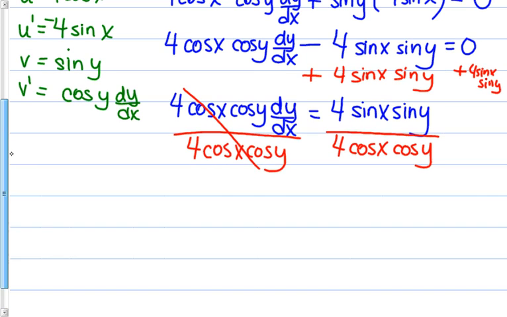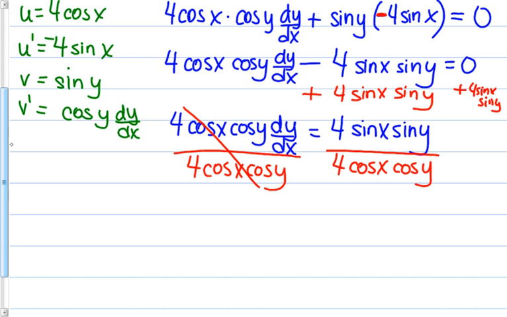All right. So now what I have is dy/dx, of course, because that's what my goal was, by itself, equals. Now, the 4's, they cancel each other out. 4 divided by 4 is 1. The sine x over cosine x, though. See these right here?